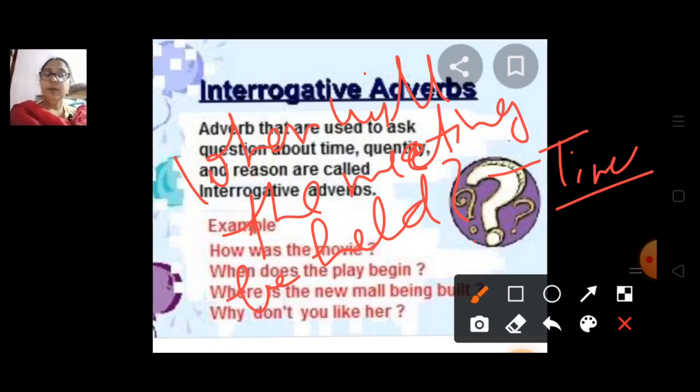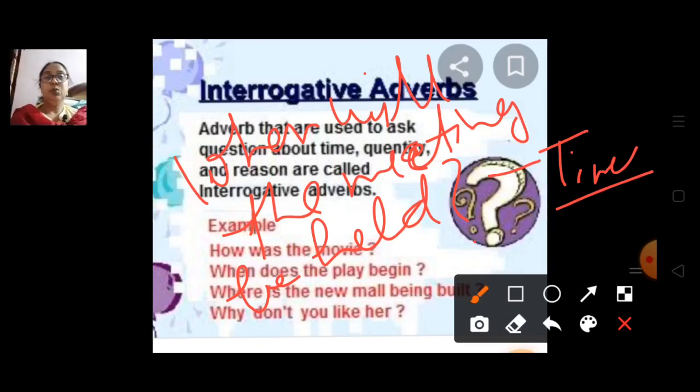So from this clip you can understand that interrogatives not only make questions, but they ask how much, how often, how long, why, how, where, when, and how many. So these are the question making words and they are all called interrogative adverbs.